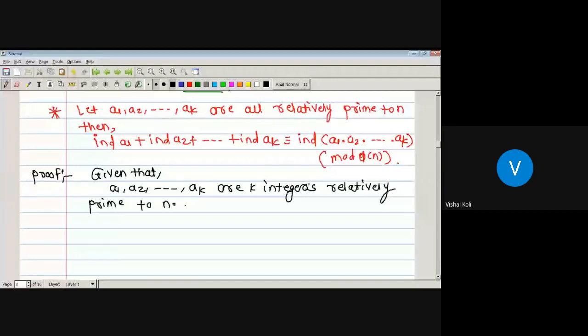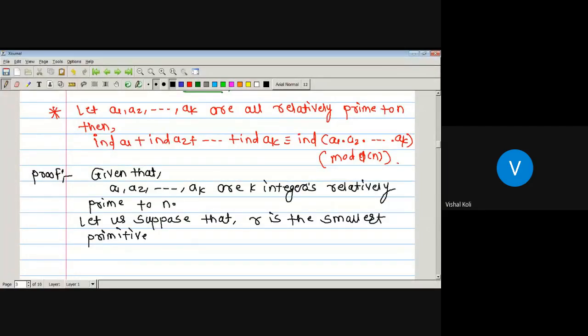Now let us suppose that r is the smallest primitive root of an integer n. So here r is the smallest primitive root of n, and a1, a2 up to ak are the k integers which are relatively prime to n.